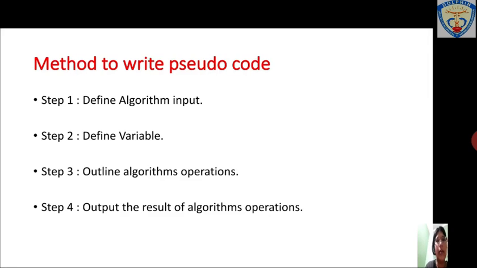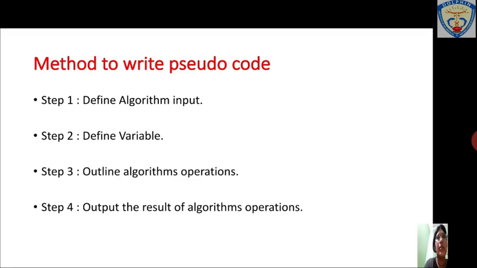Then another variable you will be requiring for sum. Again, defining the variables, you will be giving some names to the variables, meaning x and y are the numbers to add. Next, step 3 is about the algorithm operations. These are simply the mathematical operations or the logical operations or some other operations.